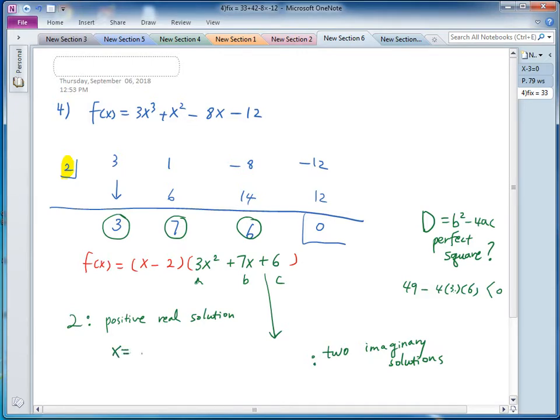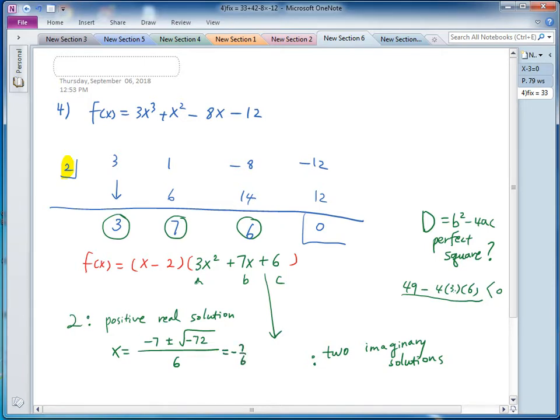X equals negative b plus or minus square root of b squared minus 4ac. What was that number? Do you remember? 72. Thank you. And I will get the number right away. Negative 72. That's right. All over 2a. So let's write it in the simplest form, okay?